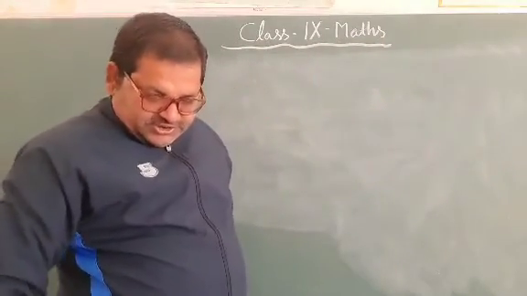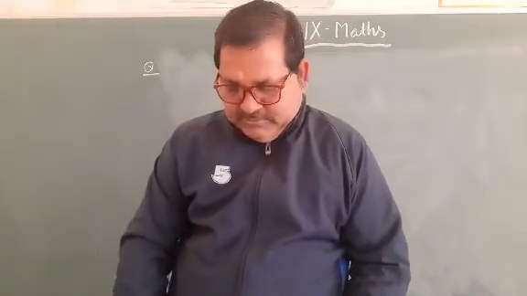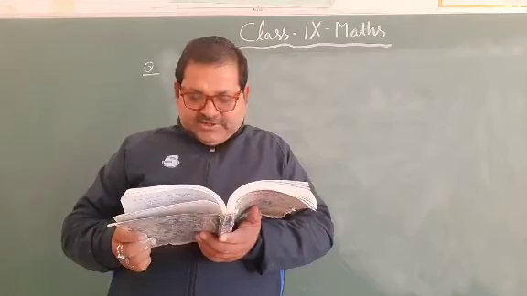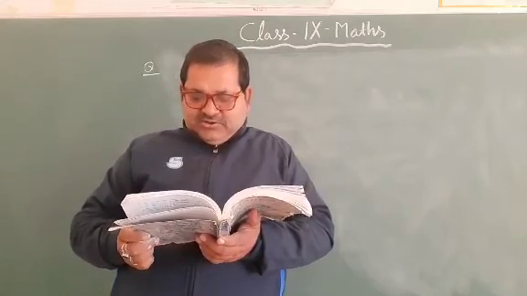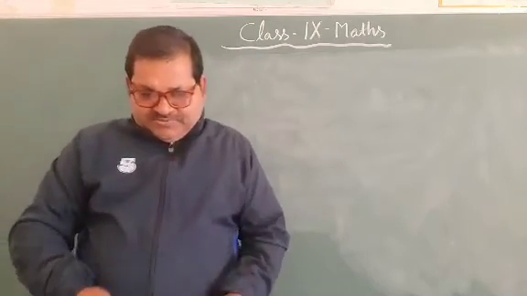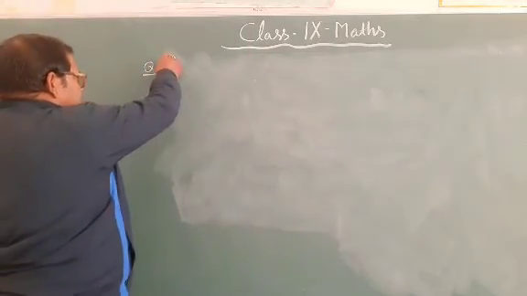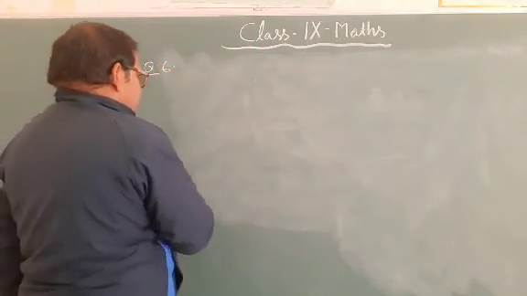Now question number 6. Find the radius of a sphere whose surface area is 154 centimeter square. In this question, surface area is given.